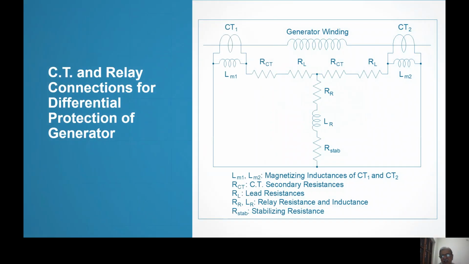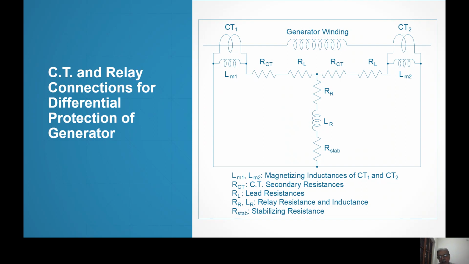That is differential protection. If I go further, this is the diagram, the equivalent circuit. CT1 and CT2. In the equivalent circuit of a CT there is a shunt branch, LM1 and LM2, the shunt inductance; the shunt resistance we usually ignore. Then RCT.